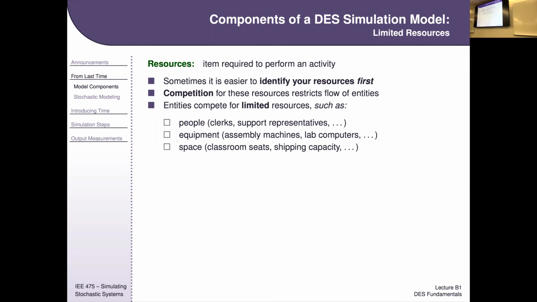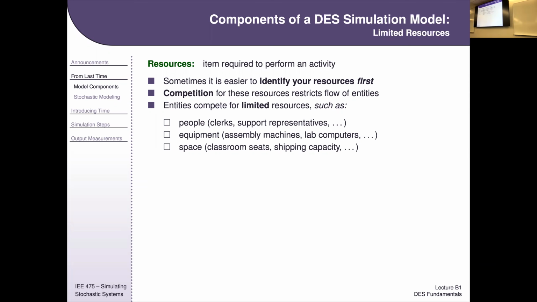Because of that, sometimes it's useful in your modeling to not think of the entities first, but think of the resources first. You could ask, what are the things that are really the bottlenecks in my system? What are the things that are slowing down my system, preventing it from traveling at light speed? Once you identify those, you could say, the classroom is an example of that. What is the classroom delay? The classroom is preventing students from entering because they have to wait for the previous class to be over.